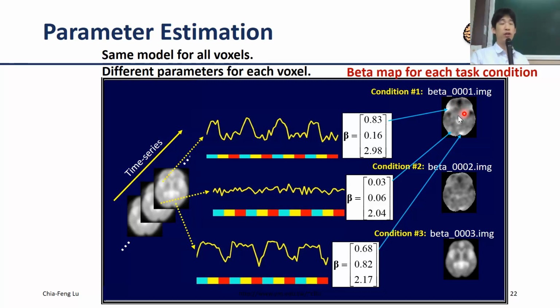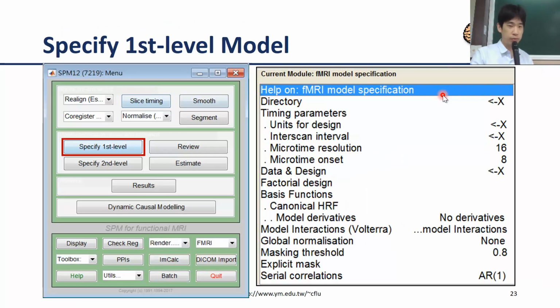For example, the first map, I'd like to see which pixels or voxels may have a higher beta value. I can perform statistical analysis on this beta map to say whether I have sufficient statistical confidence to claim that this location is a brain activation responding to the first condition.